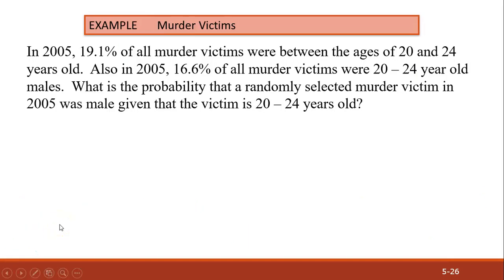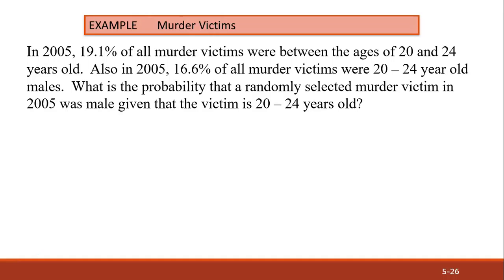All right, here's another example. We're going to be using, again, the conditional probability rule. Sorry that these examples are kind of morbid, but it's what I could find and use for this class. So here we have, in 2005, 19.1% of all murder victims were between the ages of 20 and 24 years old. Also in 2005, 16.6% of all murder victims were 20 to 24 year old males.